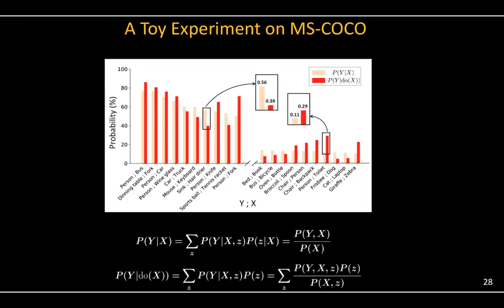But in another image, you may have something like a bed, a book, a bus, a bicycle. All the objects are considered as confounders, considered as Z in this paper.